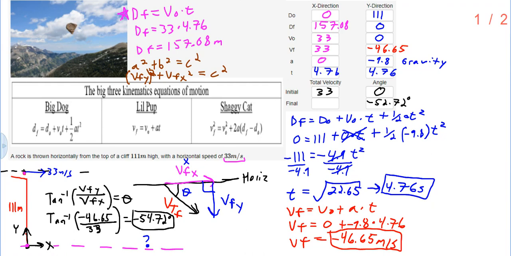So make sure that you have that negative sign inside the parentheses so you don't make silly mistakes. You find out that your total final velocity is equal to 57.14. Again, this number is realistic because it's bigger than both of these. It's the hypotenuse here. It's the combination of my x and my y final velocities.